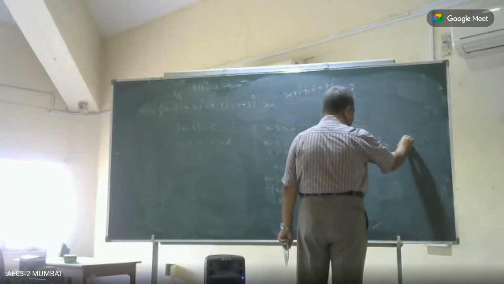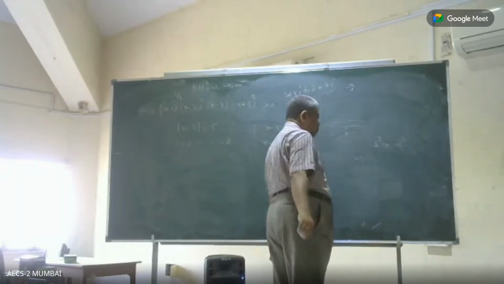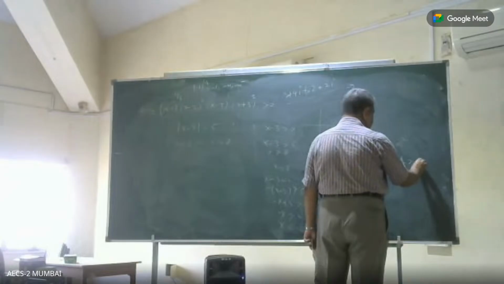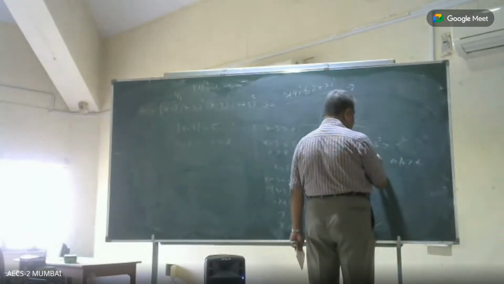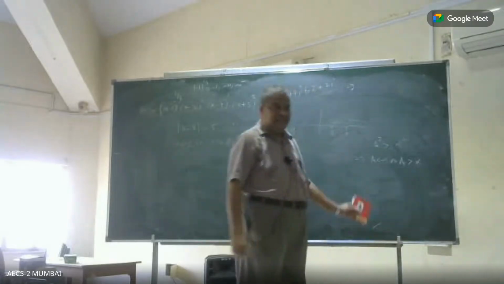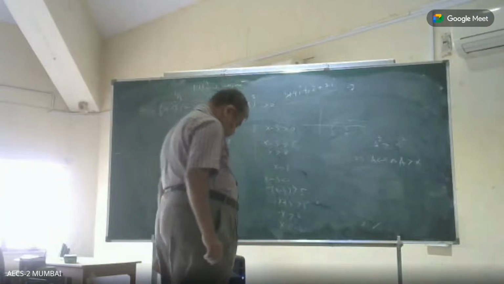A square is greater than alpha square means what? So A is greater than alpha or A is less than minus alpha. Is this correct? Okay?